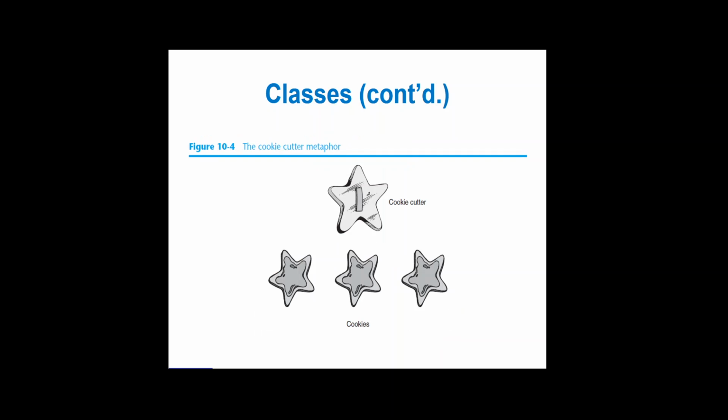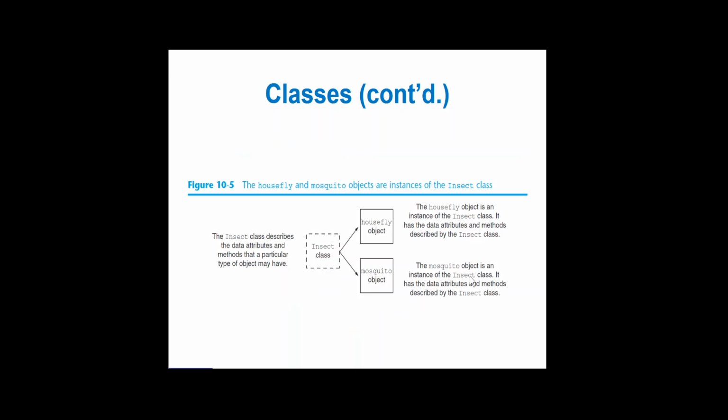And this is another example, the cookie cutter. It's a very good example of class and object. If we think of this cookie cutter as a class, then the cookies made by the cutter can be the objects. The cutter itself is not an object; it's a class that we can instantiate to create objects.